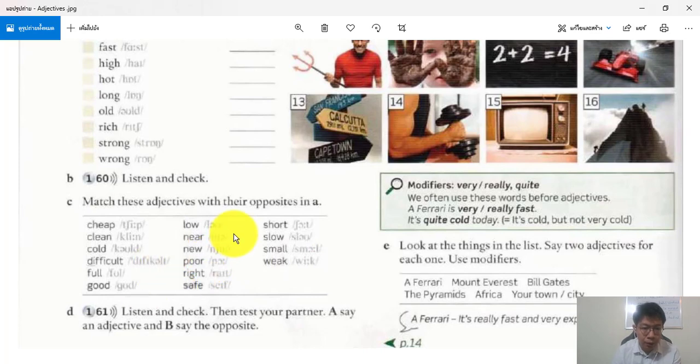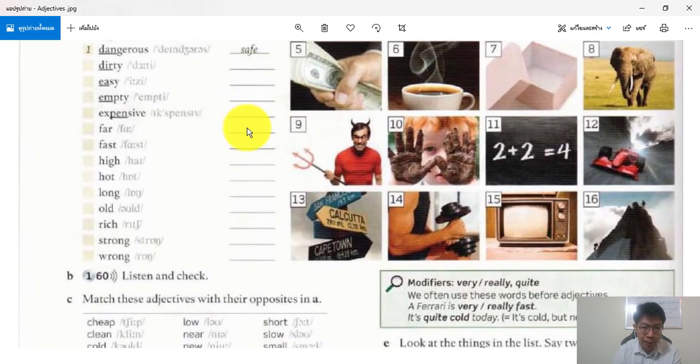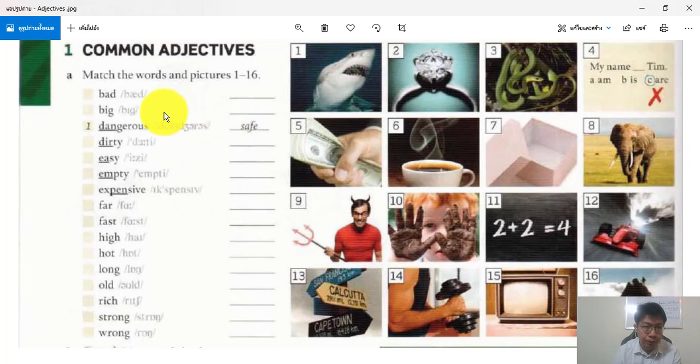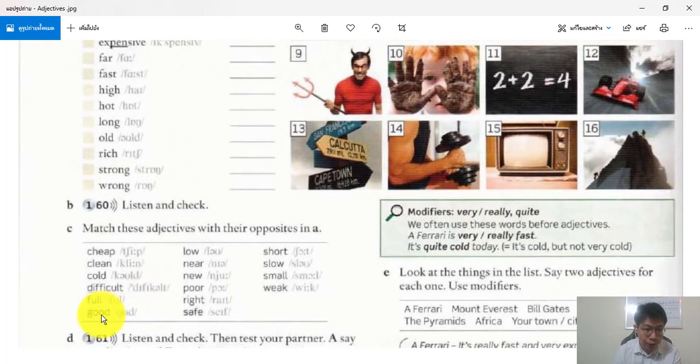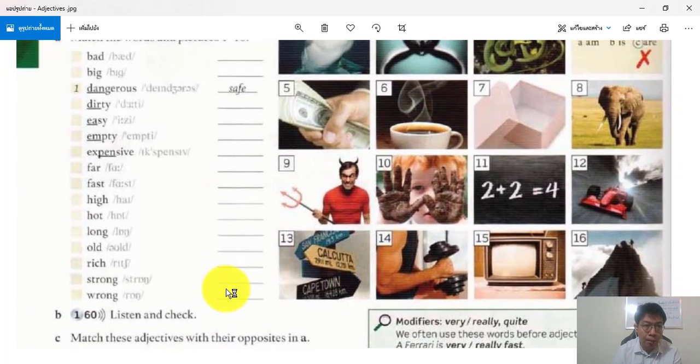Okay, so this set of adjectives you are supposed to write in this space here, which is the opposite. So dangerous is already an example. Dangerous is the opposite of safe. How about bad? Bad is the opposite of good. Okay, which is the word out there. So you take good and write it in the space provided.